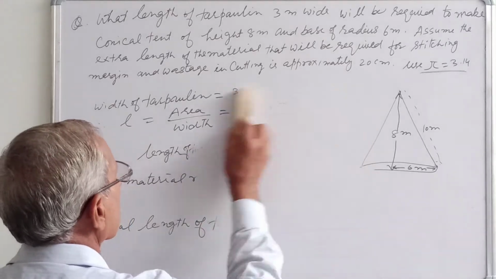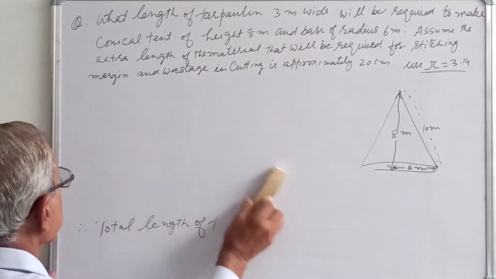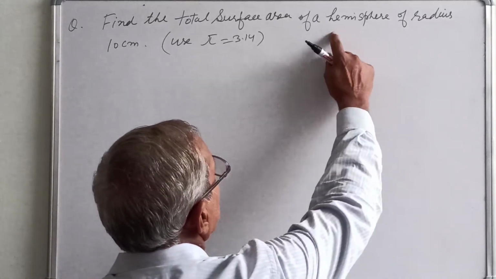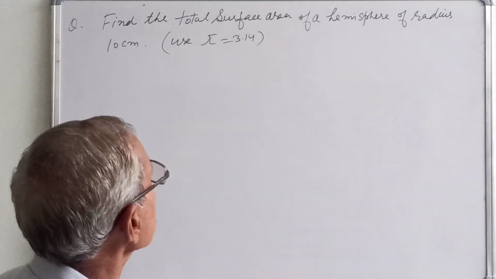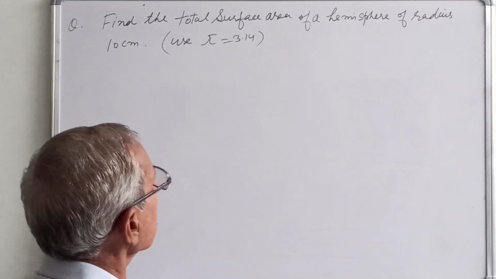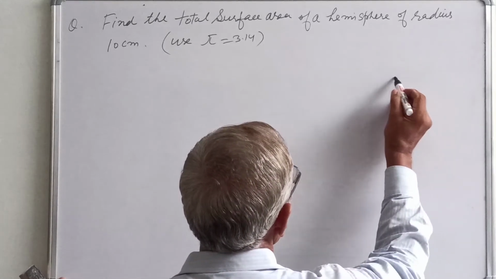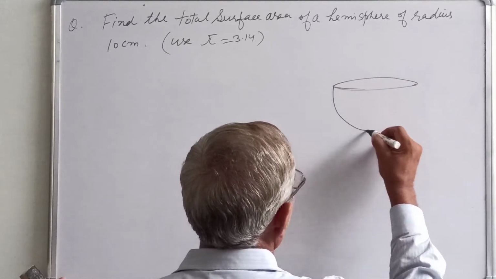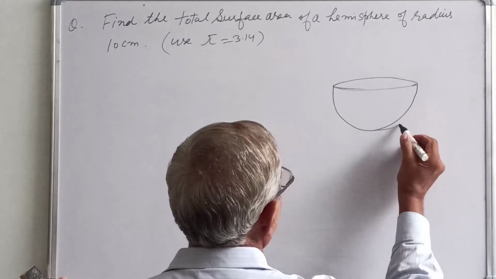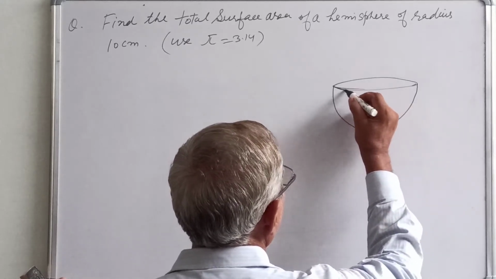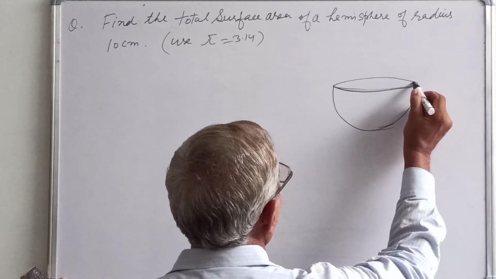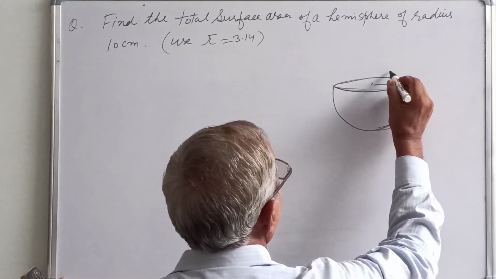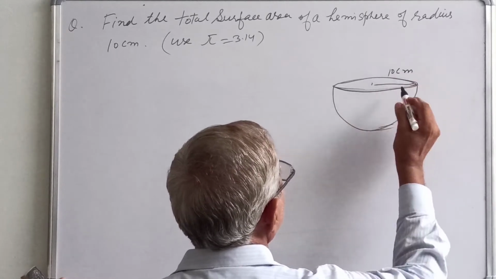Next, so we will take next question. The next question is on a hemisphere. Find the total surface area of the hemisphere of radius 10 centimeters. This is a hemisphere of radius 10 centimeters.